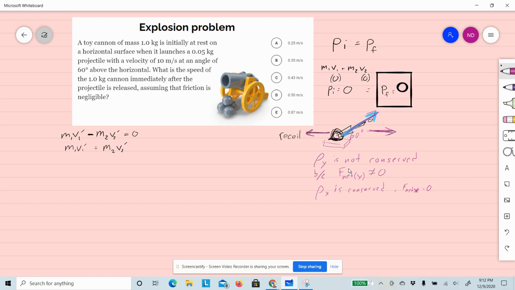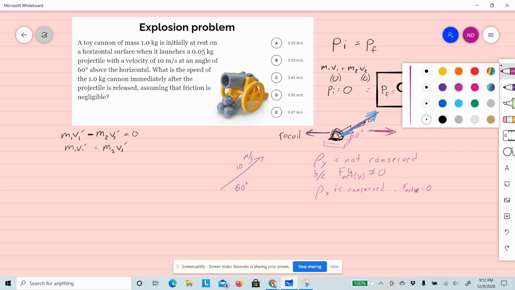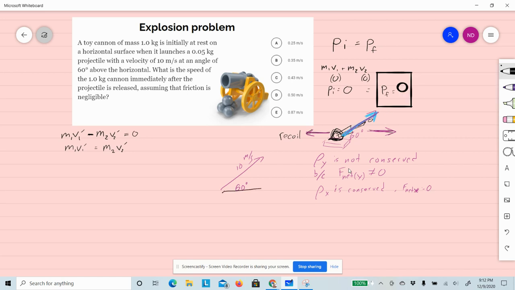So if this thing gets shot from the cannon at 10 meters per second at 60 degrees, the velocity in the x direction is 10 meters per second times the cosine of 60 degrees. The cosine of 60 degrees is a half, so 10 meters per second times 0.5. The velocity in the x direction is 5 meters per second.